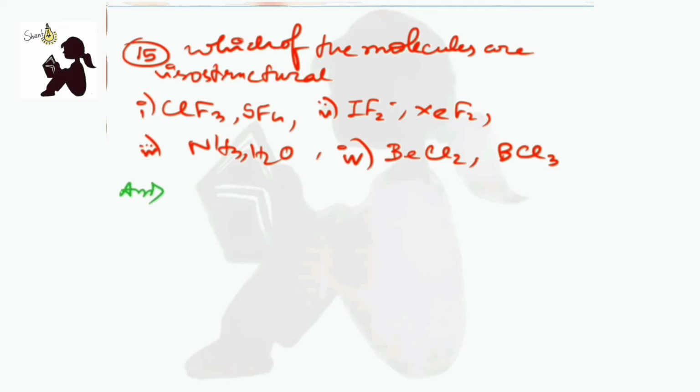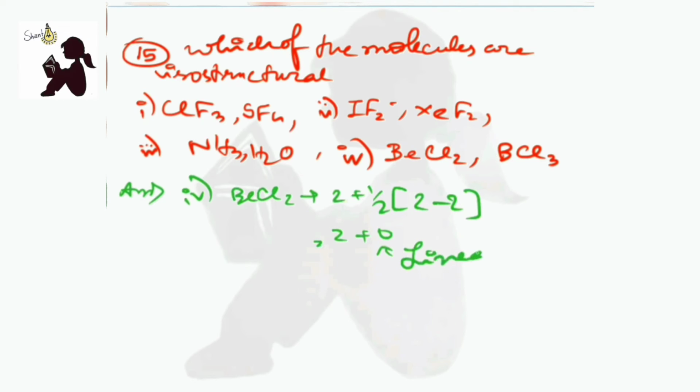Now let's see it for option number 4, that is BeCl2. It is 2 plus half into 2 minus 2, right? So it will be 2 plus 0. So its shape will be linear.